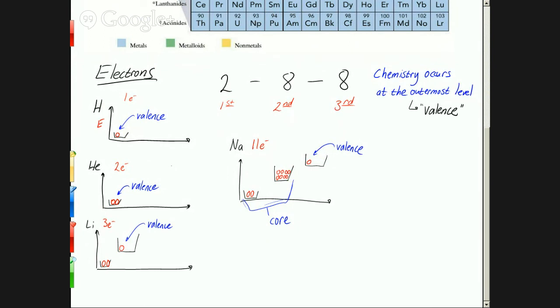But let's check it for something like, let's say sulfur, S, number 16. We got 1 more minute we can do. So sulfur has 16 electrons. And how many valence electrons do we get to have based on the periodic table?